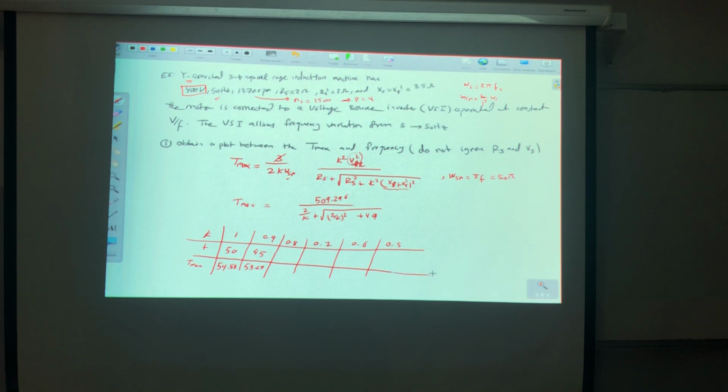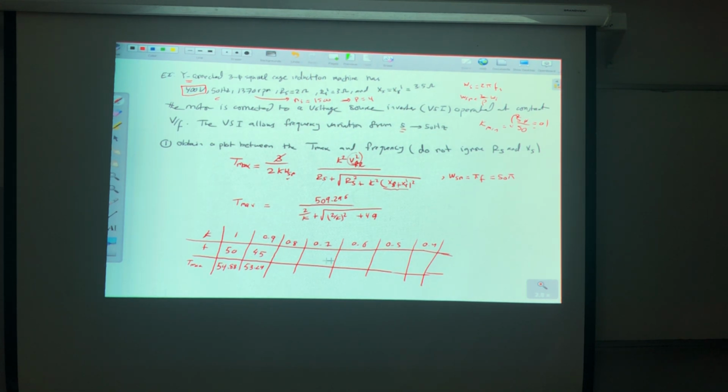0.5, and where will I stop? K minimum is equal to 0.1, so I'll stop at 0.1.